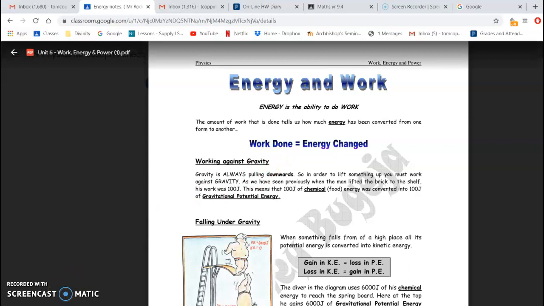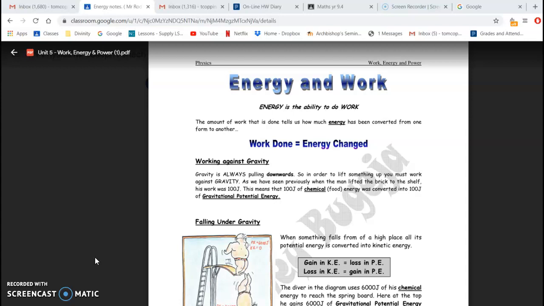Let me give you a better example. Pulling the bow, you're stretching the bow with the arrow. When you release the bow, you're changing elastic energy into kinetic energy when the arrow flies out.